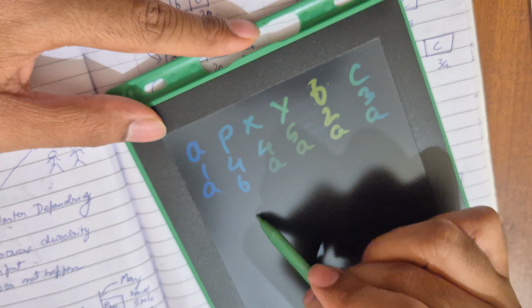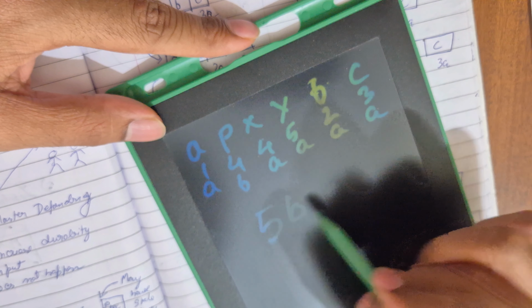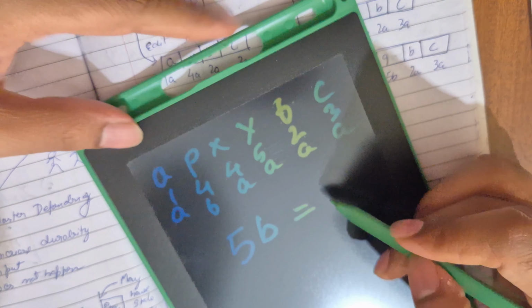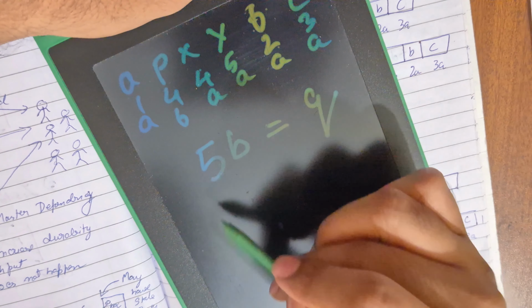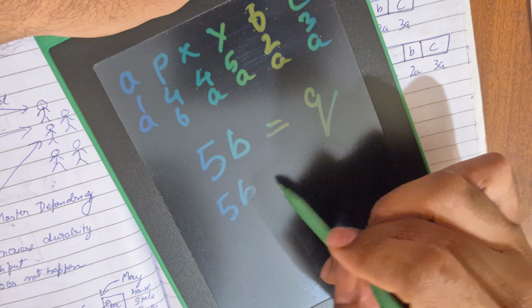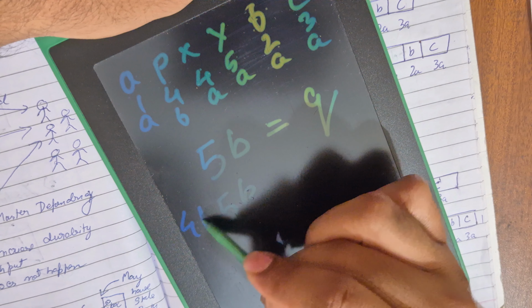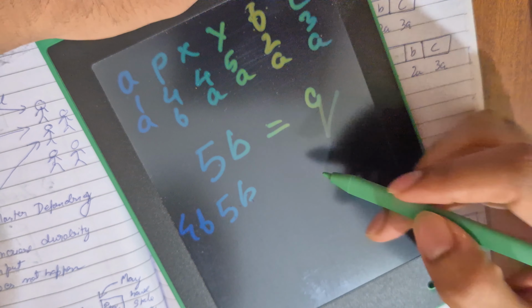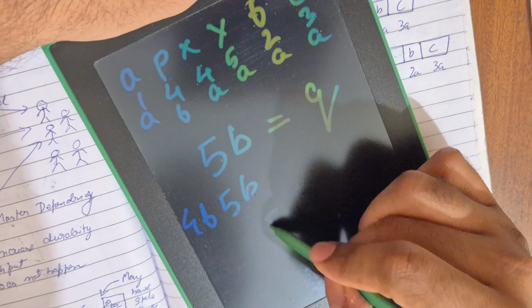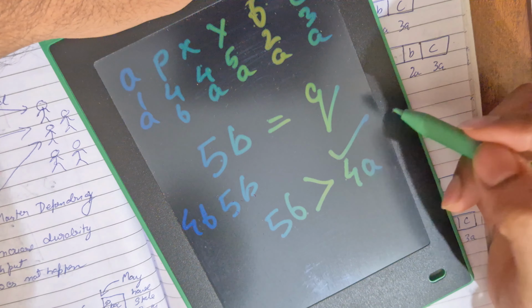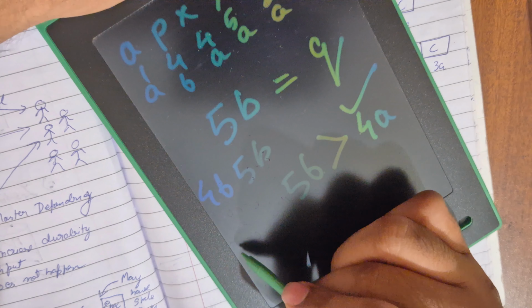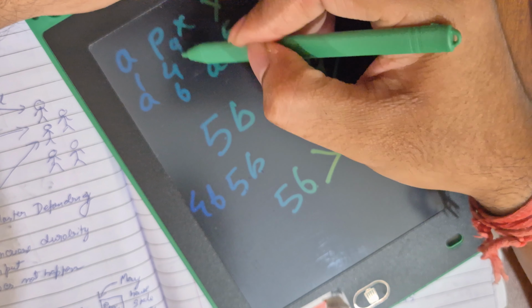Okay, so what comes? 5B, whose value is Q. Okay, so we know 5B should be added after 4B, right? So it comes after 4B, it sees 4A. So is 5B greater than 4A?